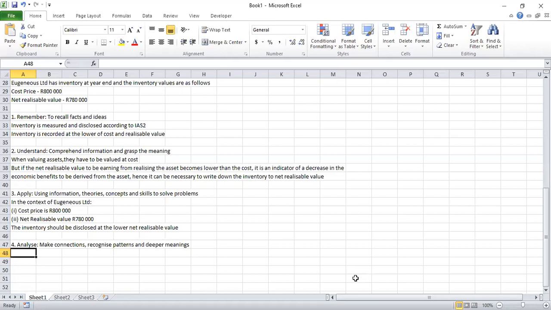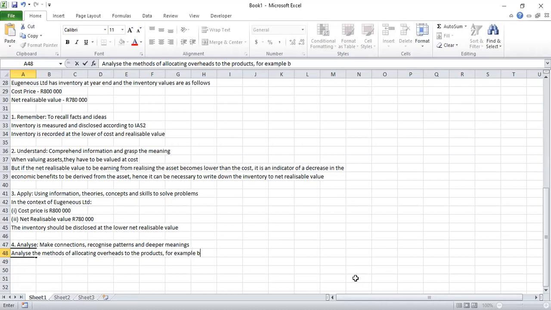So you can analyze the methods of allocating overheads to the product. For example, the basis of allocation. Maybe they are using machine hours to allocate the overheads.